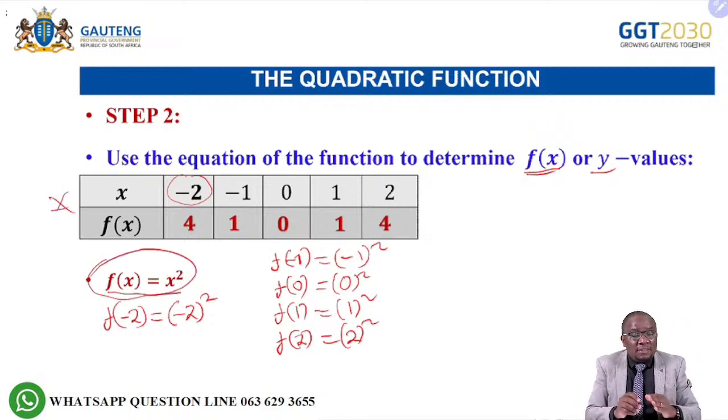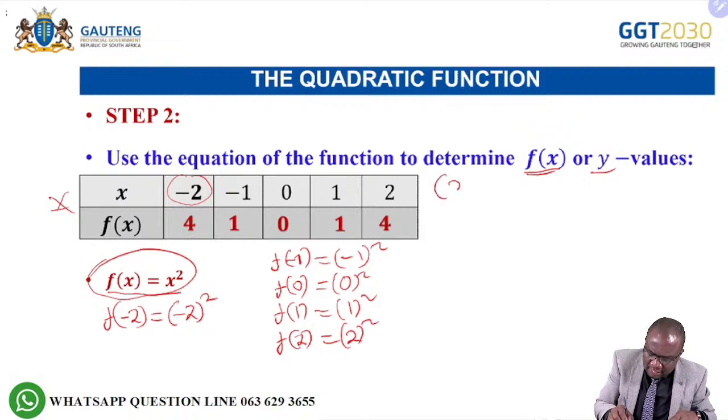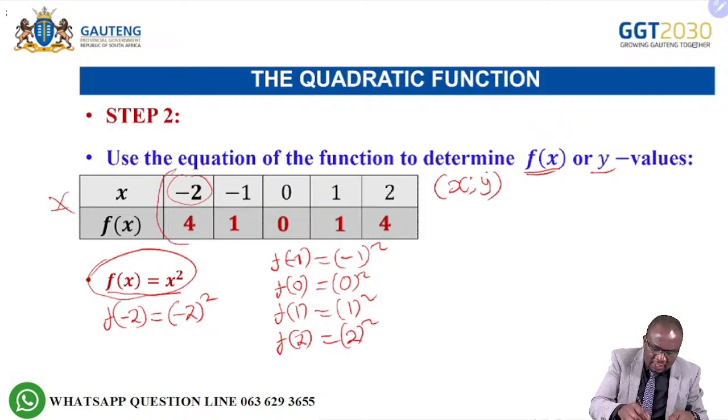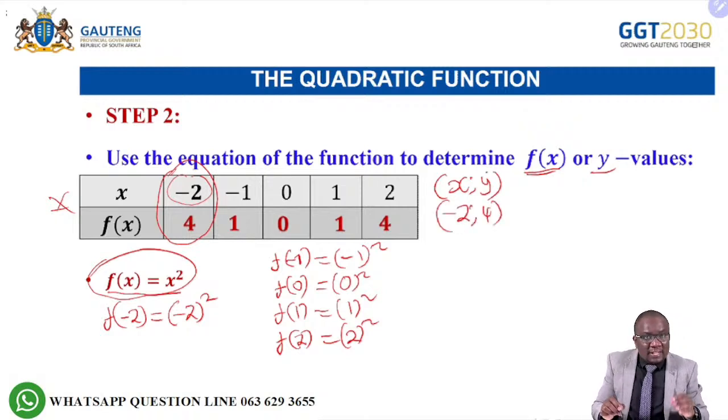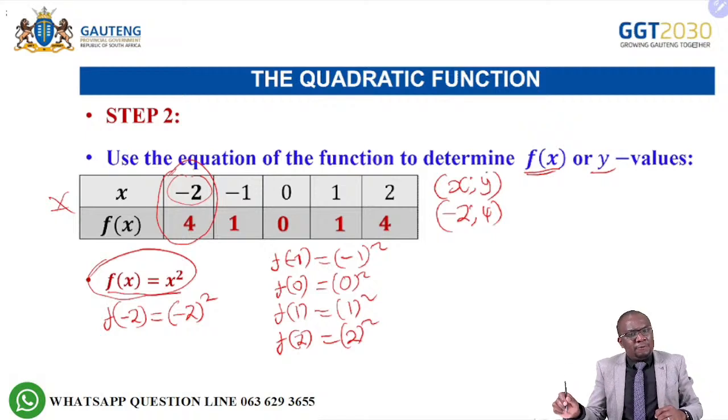Now we can even write these in ordered pairs. Do you remember that? X, Y. Remember, an ordered pair will be the x coordinate and the y coordinate. So what will be the ordered pairs for this input and output value? It is going to be -2, 4. -2 is your input value x, 4 is your output value y.